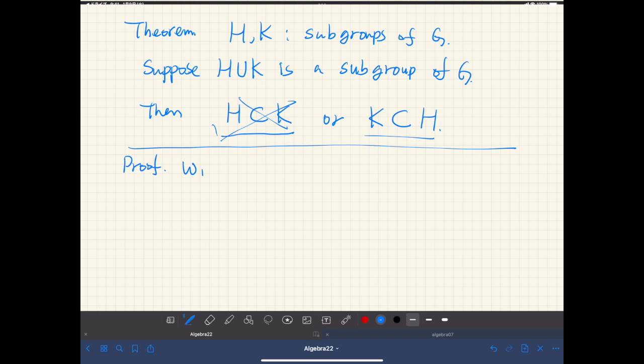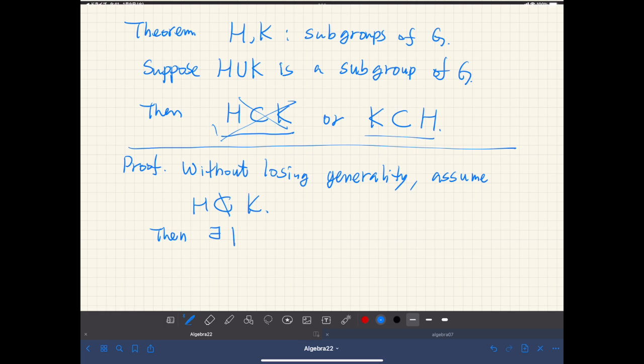So let's say without loss of generality, assume H is not a subset of K. Then there exists some element of H such that it does not belong to K.